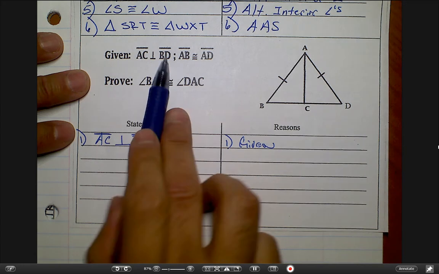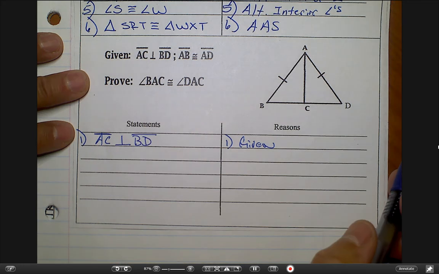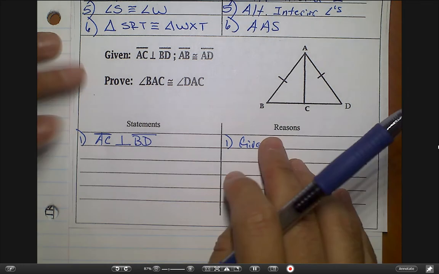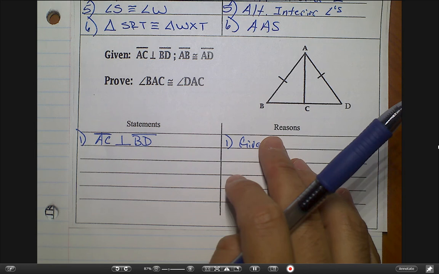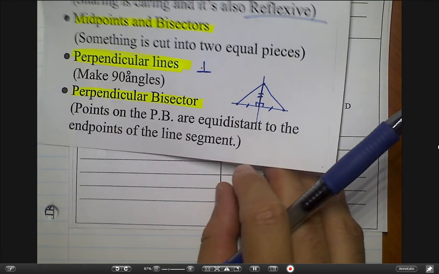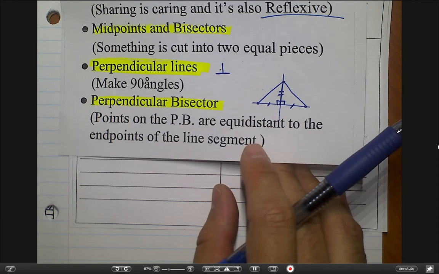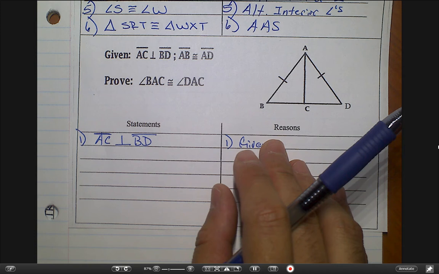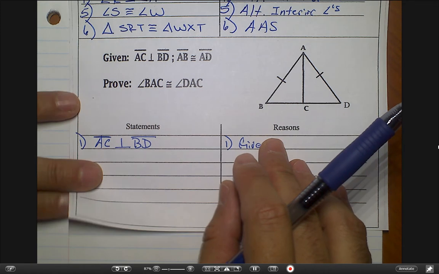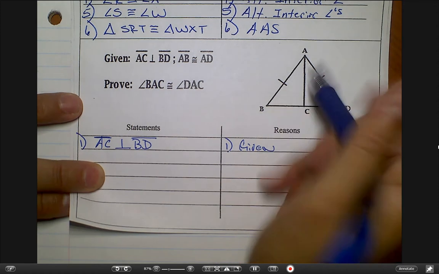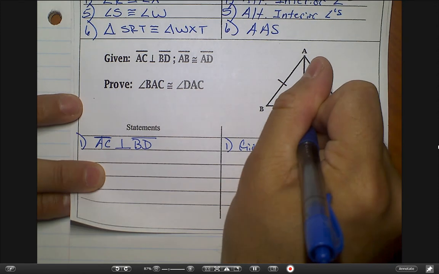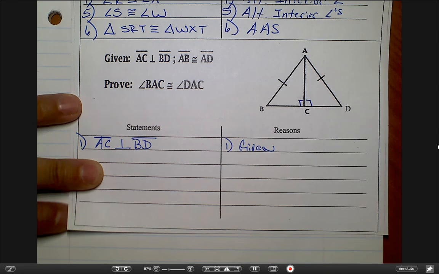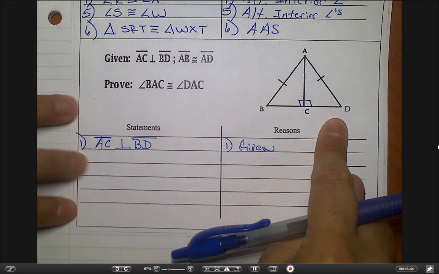So what does perpendicular tell me? Checklist. 90-degree angles, very good. So I'm going to put the 90-degree angles at C, very good. I'm going to put it here, and I'm going to put it here.